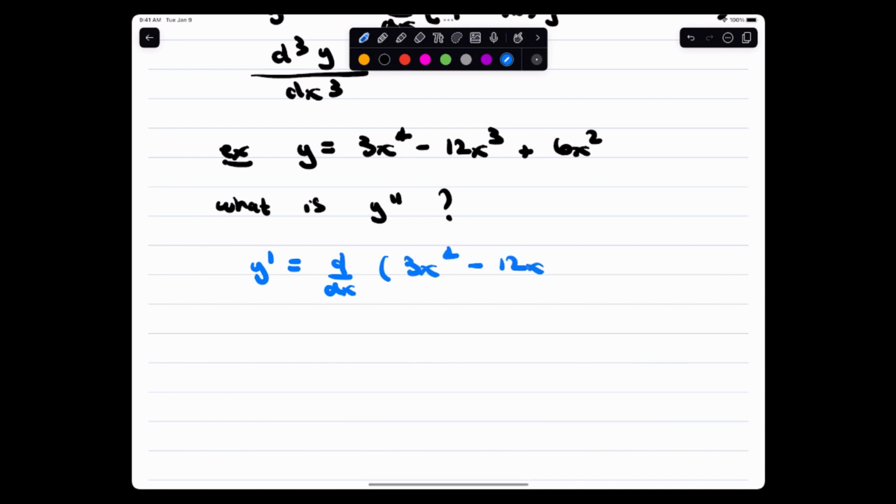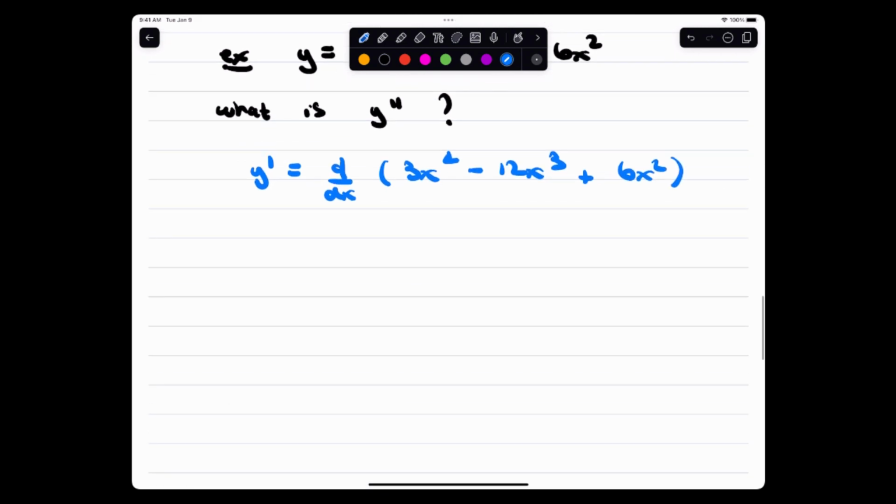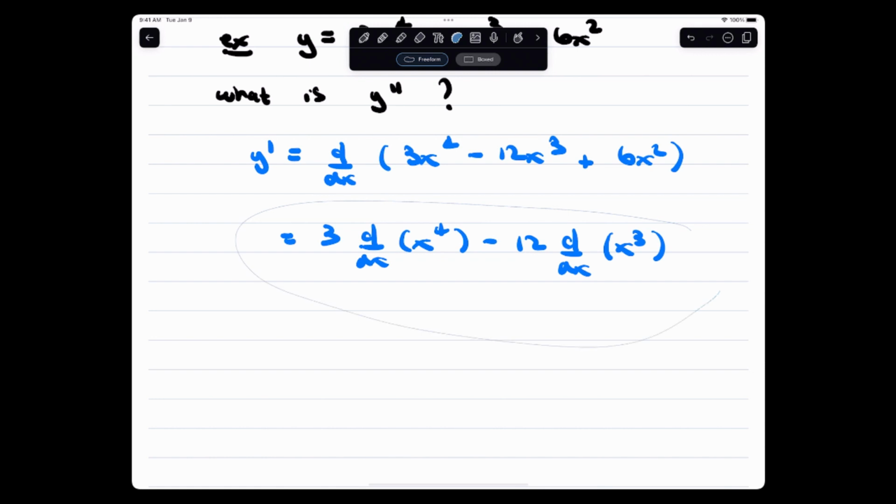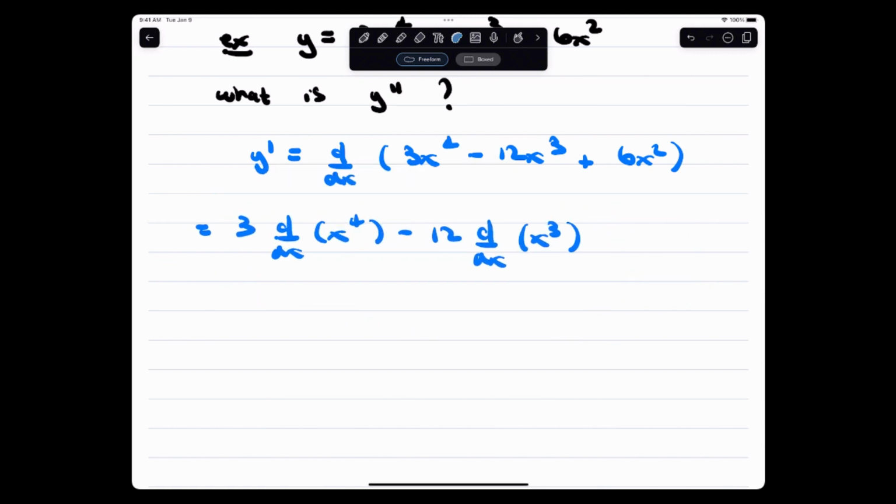Notation. And I pull out my constant. Differentiate x to the fourth. 12. Differentiate x cubed. 6.